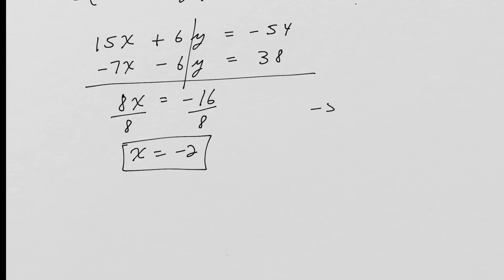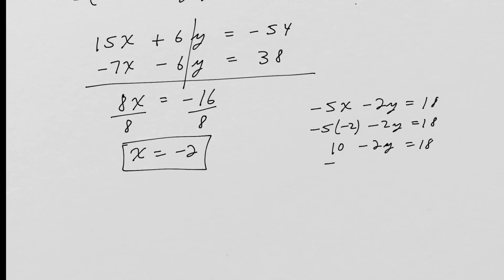Okay, so I have negative 5. Let me write down again. Negative 5x minus 2y is equal to 18. So negative 5 times negative 2 minus 2y is equal to 18. Well, this is 10, right? Minus 2y is equal to 18. I'll subtract 10.